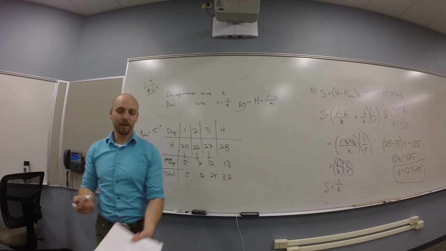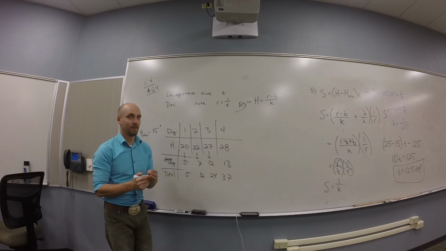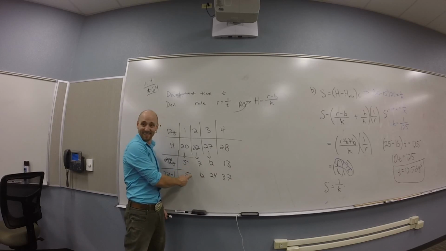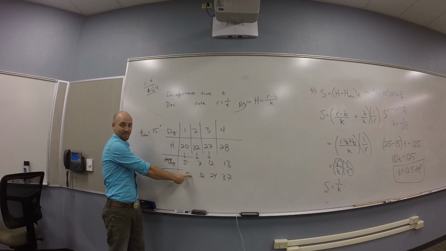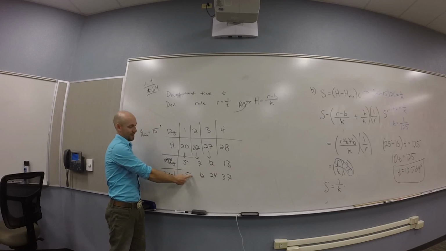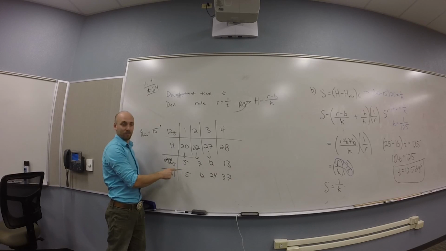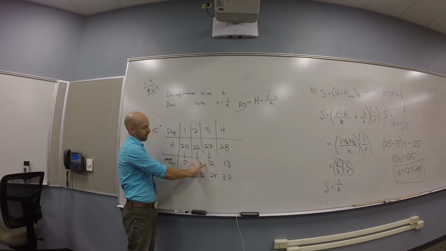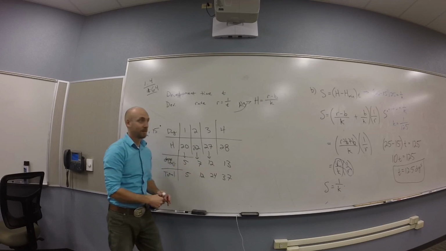Okay, the calculus thing here is that this guy here is the area underneath this thing. If I drew this as a graph, between 1 and 2, it's 5, and then between 2 and 3, it's 7.